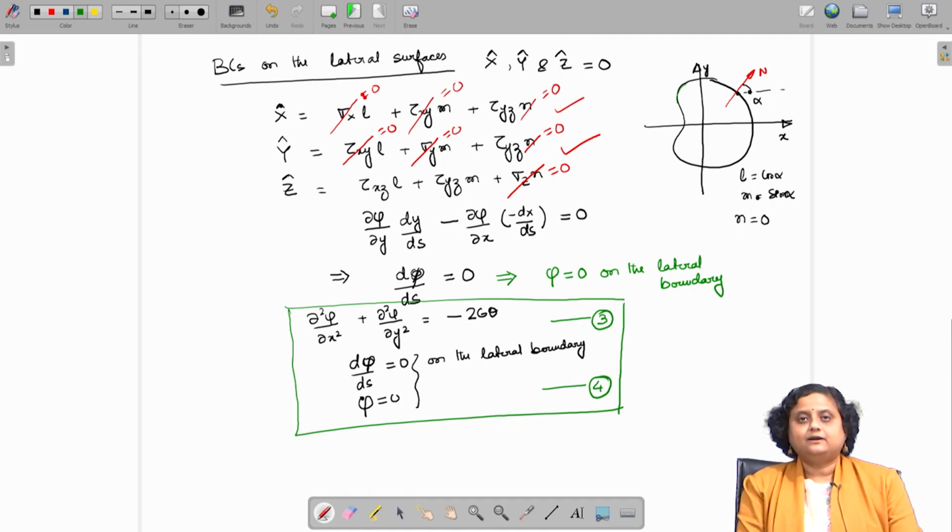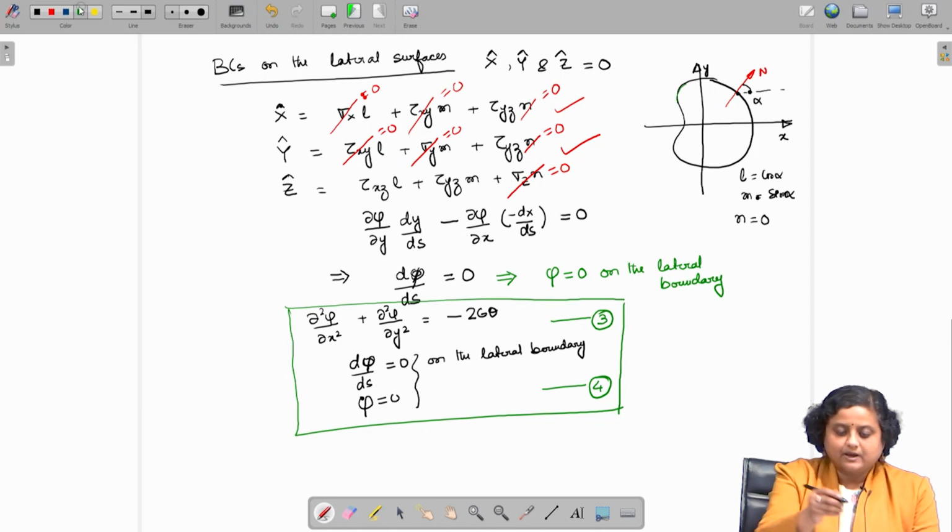So, if I can get hold of a function phi which varies in x and y, which is going to satisfy equation 3 and 4, then we have found out a suitable stress function which can be used to solve the problem of torsion of non-circular shaft.